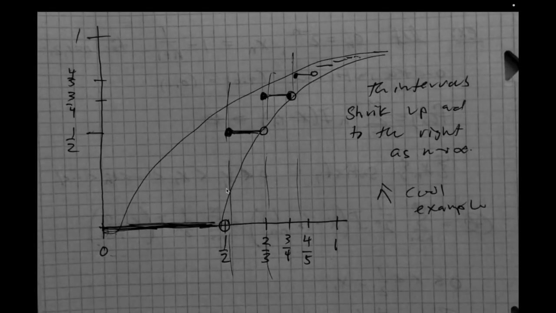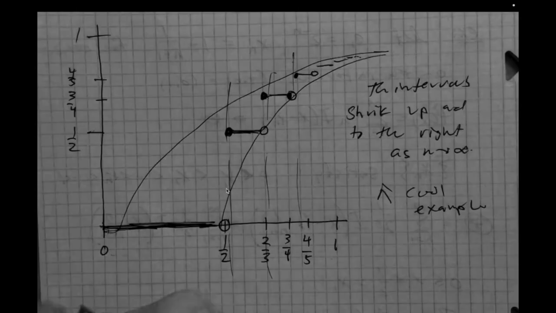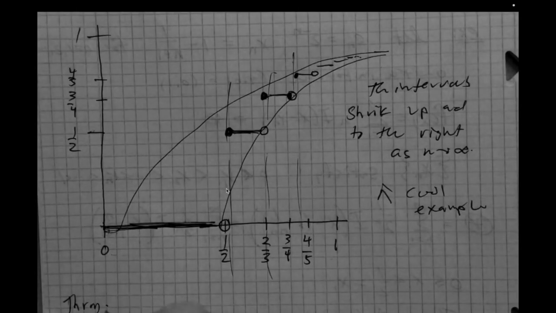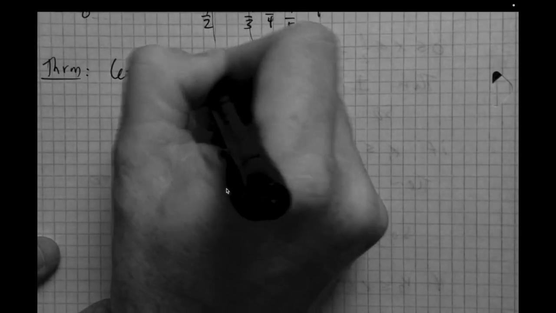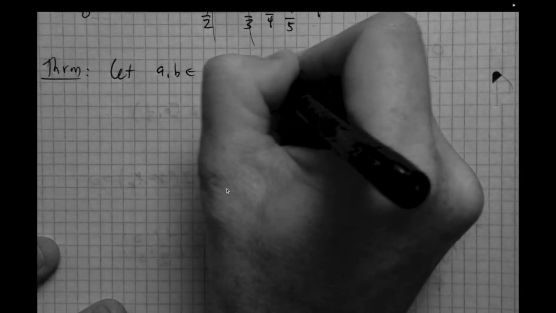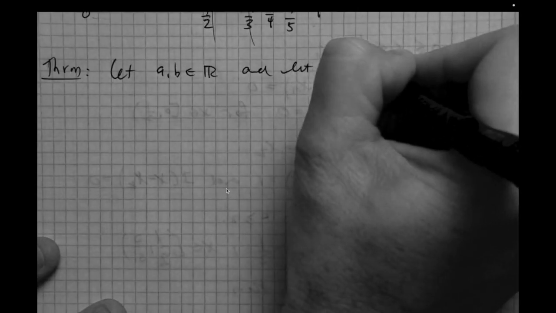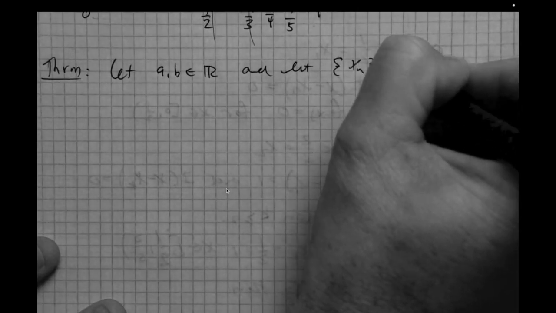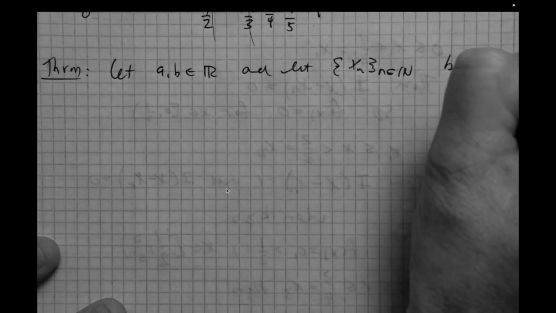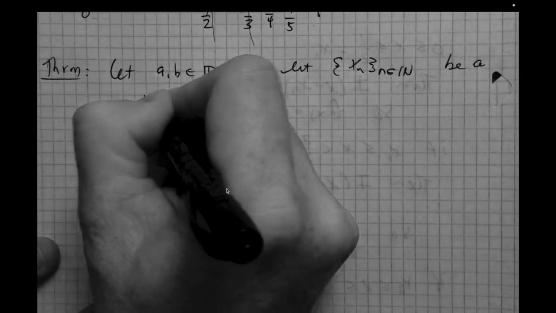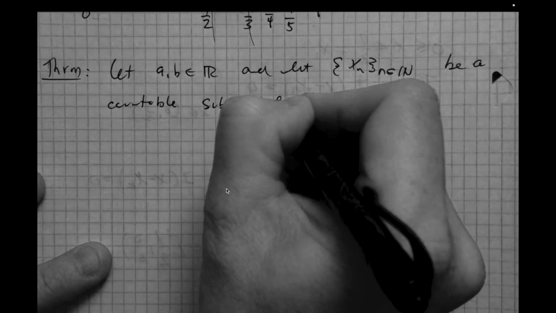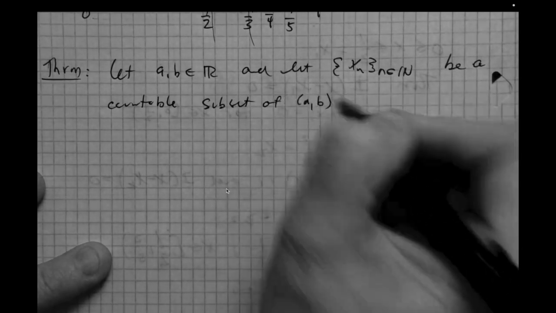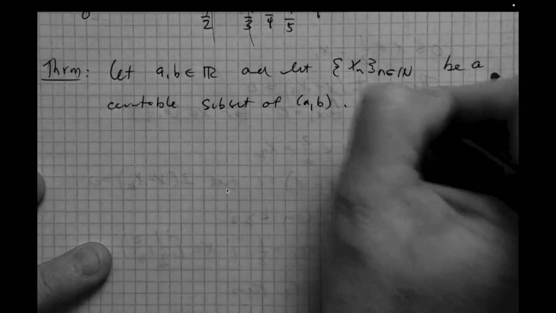Okay, so all of that is for the following theorem. So those were examples building such functions. But here's the theorem. Let a and b be real numbers, and let x sub n, n a natural number, be a countable subset of the interval [a, b].